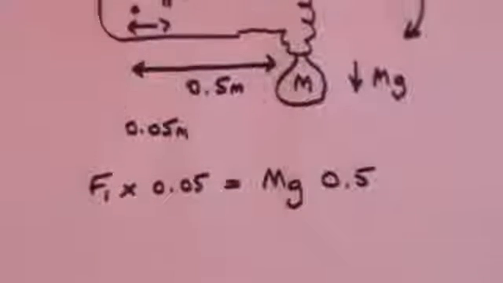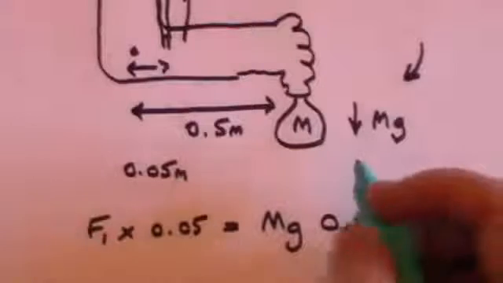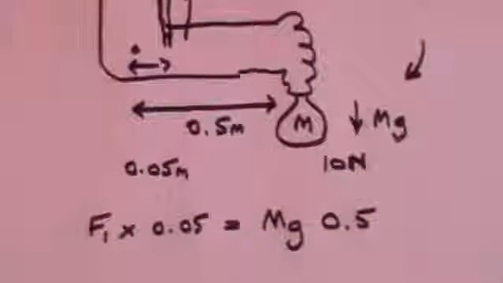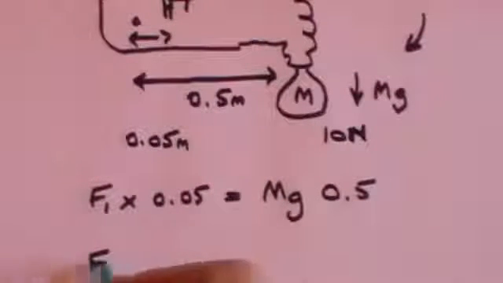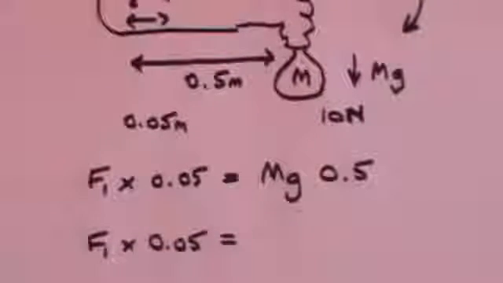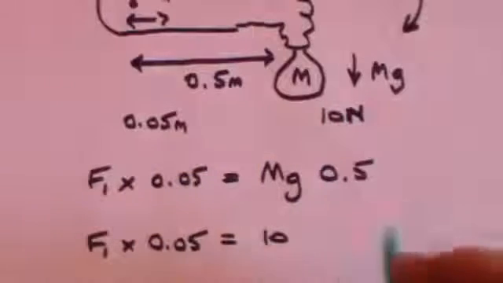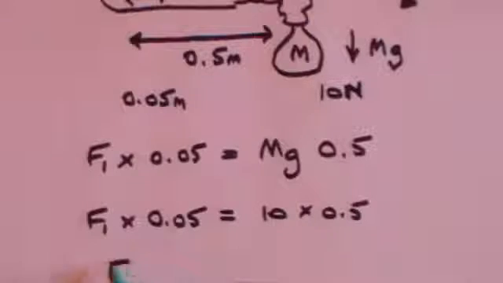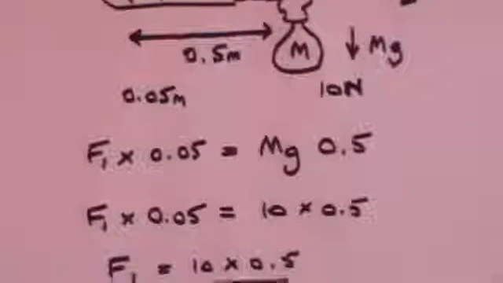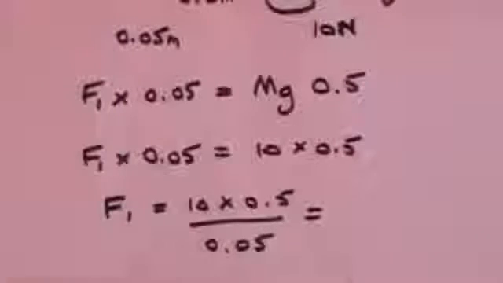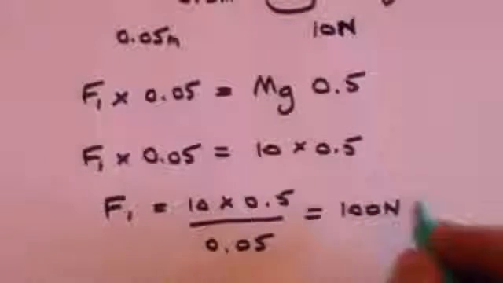Now, let's suppose the weight is 10 newtons. Then the force that my muscles have to exercise times 0.05 has got to equal 10 newtons times 0.5. And that means that the force is equal to 10 times 0.5 divided by 0.05. And that, you'll find, is 100 newtons.